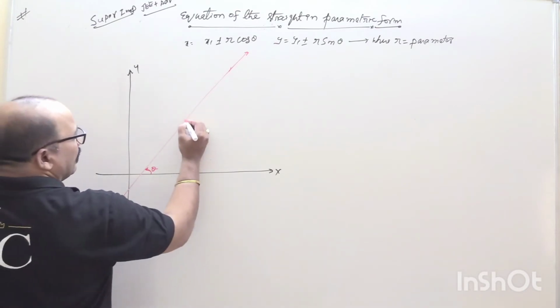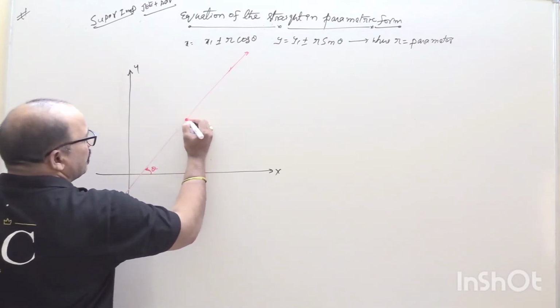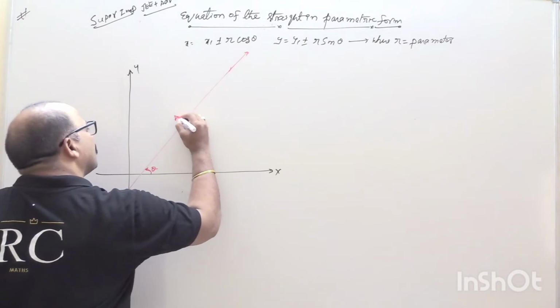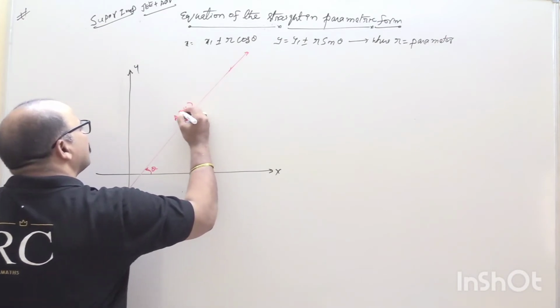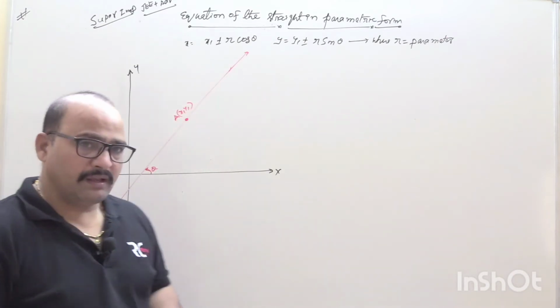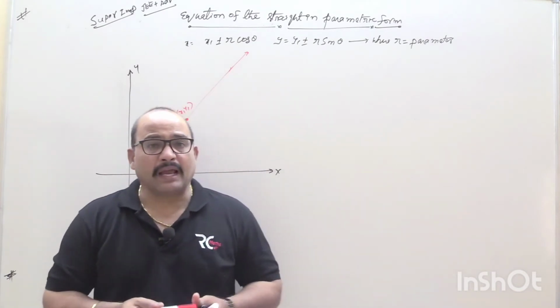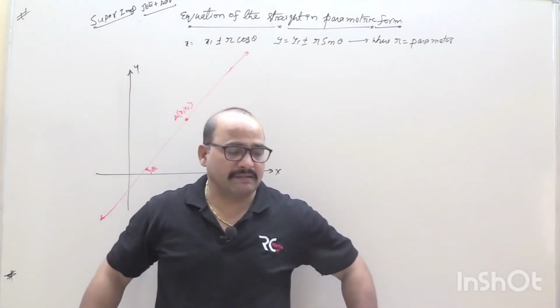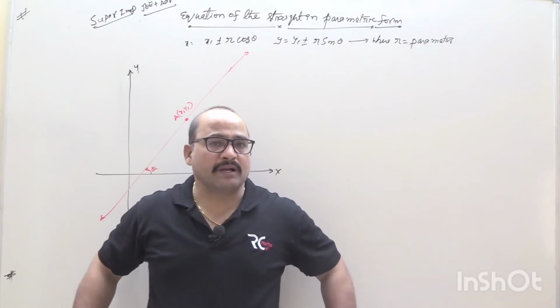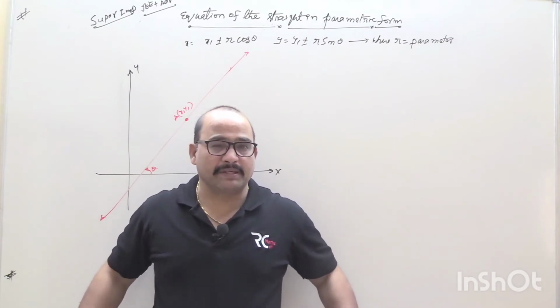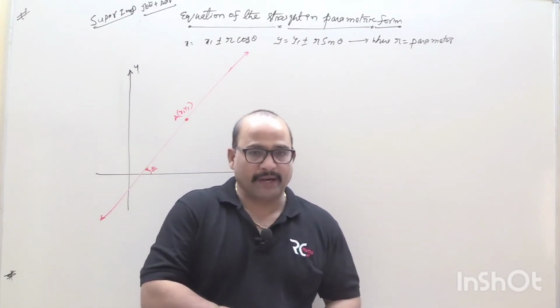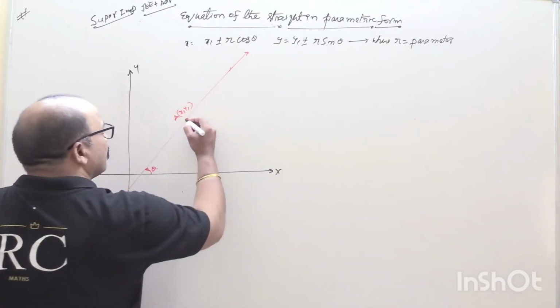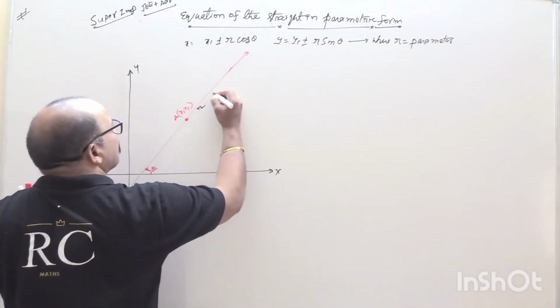This is my position A, x1 comma y1. Now I am going to calculate the points which are at a distance r units from the point x1 comma y1. That means we have to calculate neighboring points.